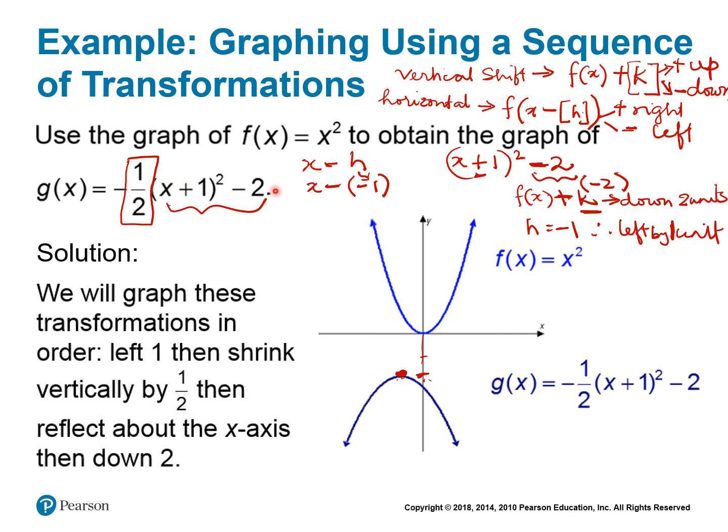So this function is getting multiplied by 1/2, which means it's vertical shrinking. All right, it's vertical shrinking. That means the graph is going to be a wide graph. It's not going to be a narrow graph. It's going to be wider than the original graph.